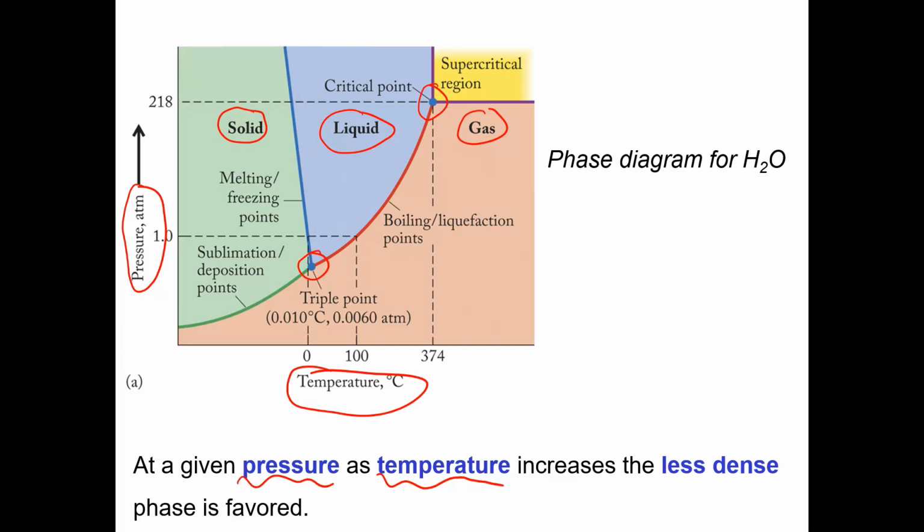So let's have a look at this and think about what this means if we have a fixed pressure and we increase the temperature. Let's just look at the line that's at 1 atm, this dotted line here, and see what happens as we increase the temperature. As we increase the temperature, we go from solid to liquid to gas.